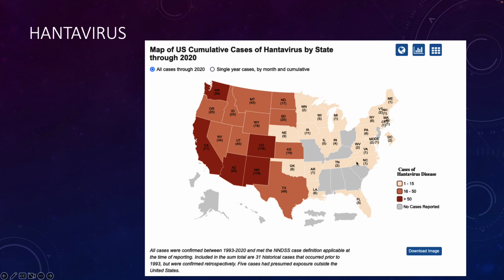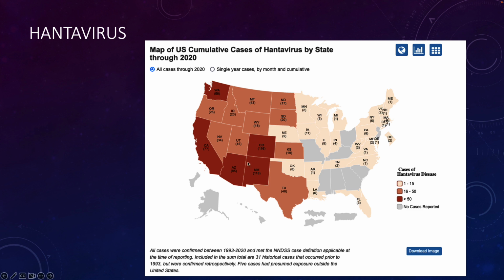They're noted in the area where the patient showed up to be treated. So there was one patient in Maine. Did the patient get hantavirus in Maine? Probably not. But where they show up for treatment is kind of where they get diagnosed.